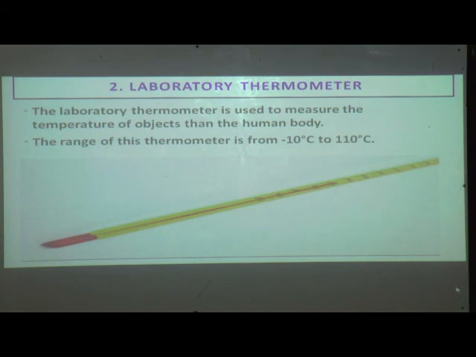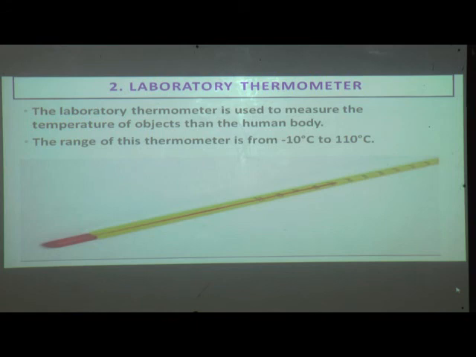If we use the clinical thermometer for measuring above 42 degrees Celsius or below 35 degrees Celsius, it will break down or it will be harmful for us.